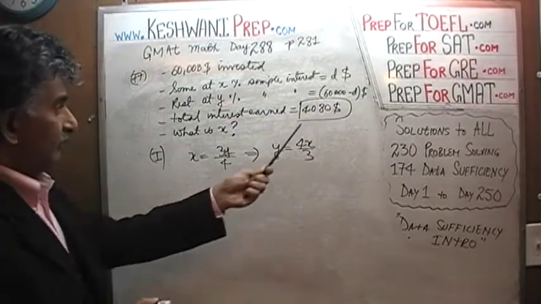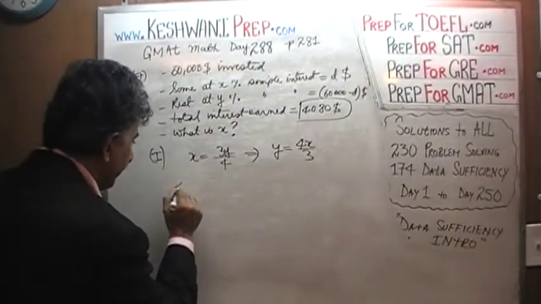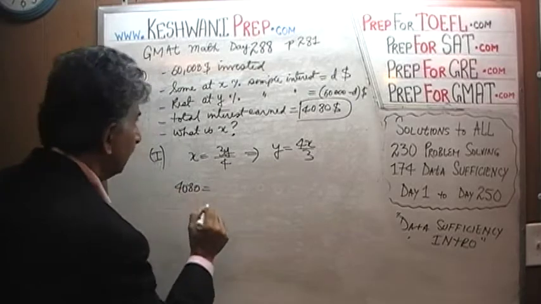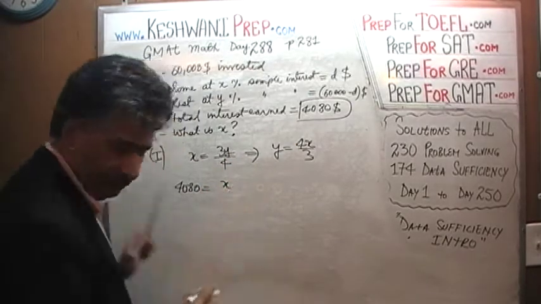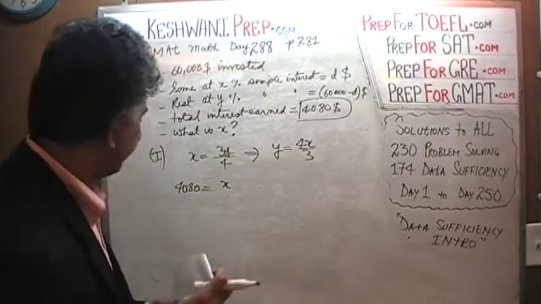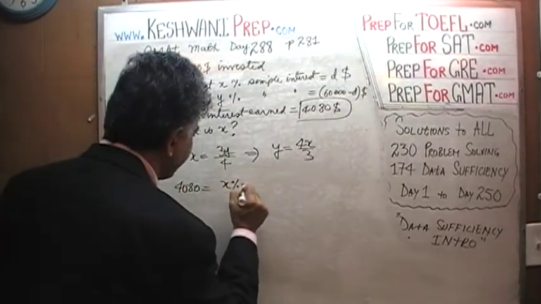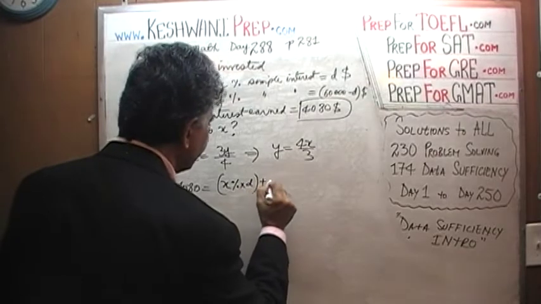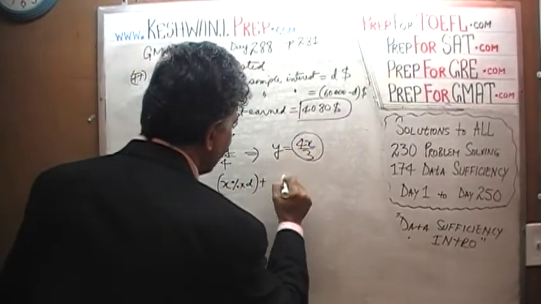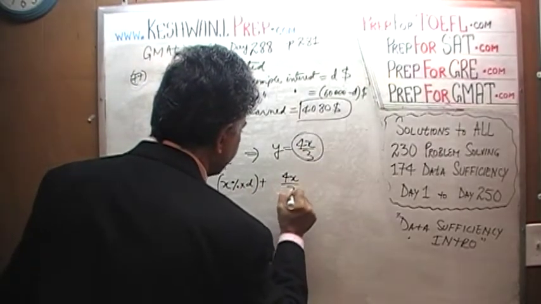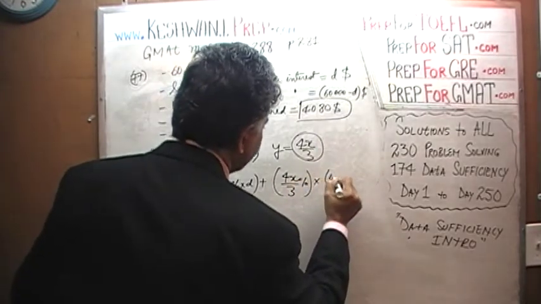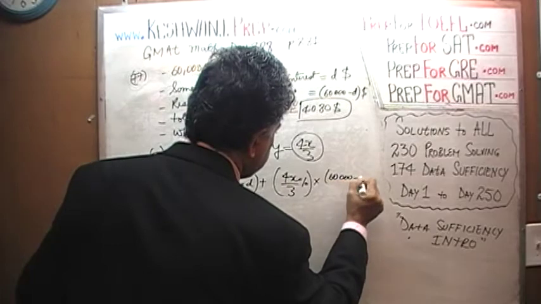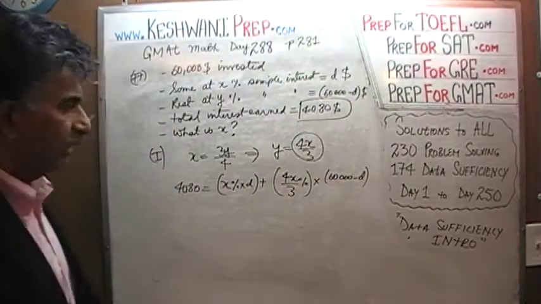It's $4,080, which means $4,080 has to equal X% of D dollars plus Y%, which is 4x over 3%, of 60,000 minus D dollars. And that's our equation.